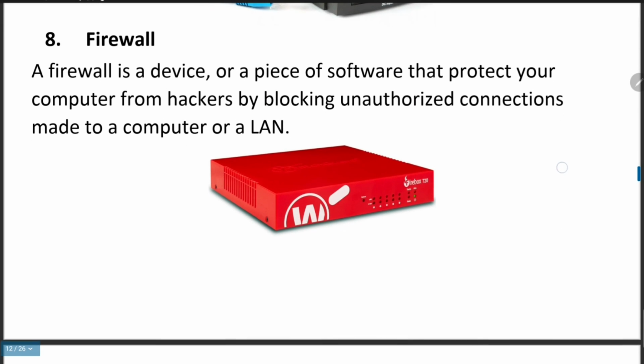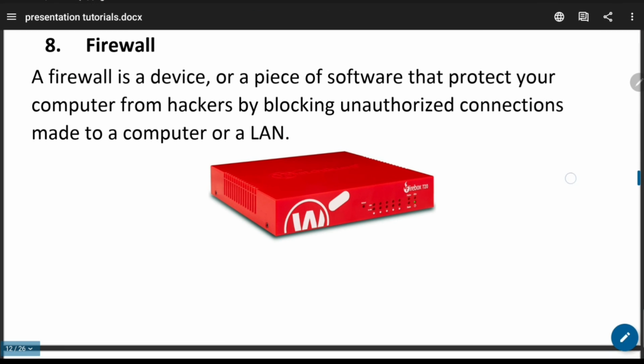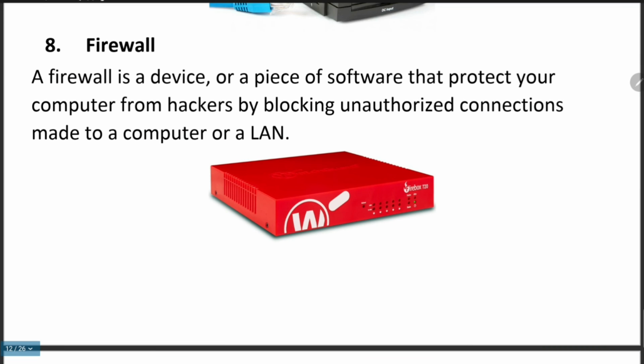Now, the next device I would like us to take a look at is what we call a firewall. A firewall is a device or a piece of software that protects your computer from hackers by blocking unauthorized connections made to a computer or a network.